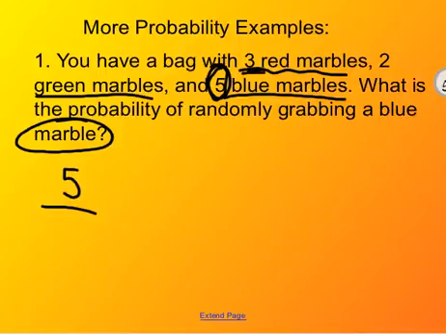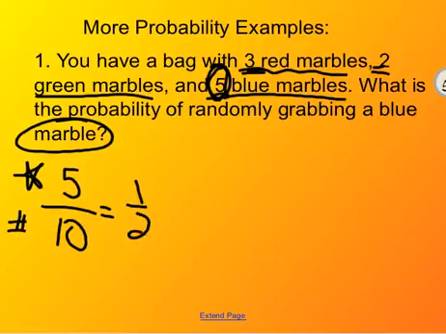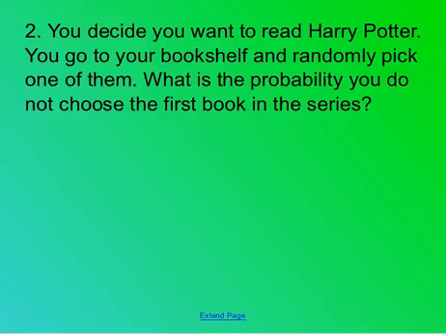Now the total possibilities is 3 plus 2 is 5 plus another 5 is 10. So what we want is up here with 5. The number of options is 10. So this reduces to 1/2, and the probability of this is 0.5. Alright, so you're going to be doing a lot of total outcomes by the number of successes.